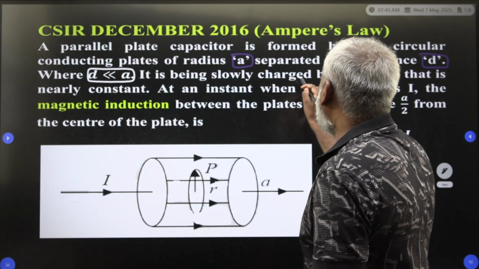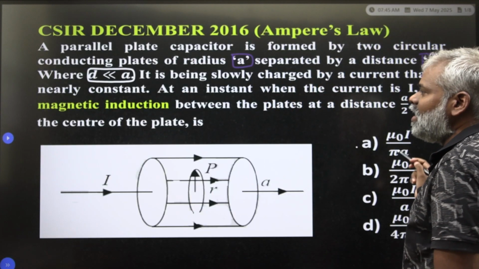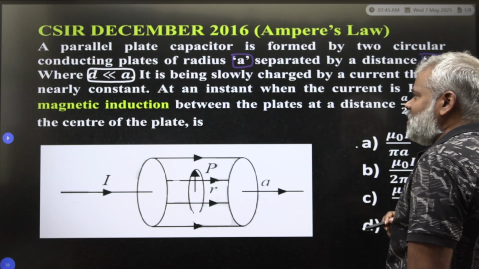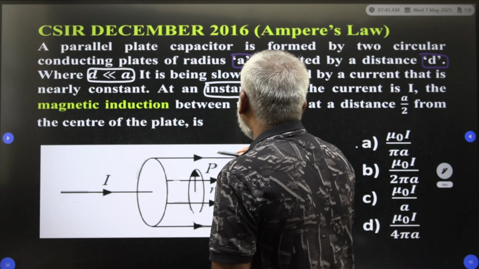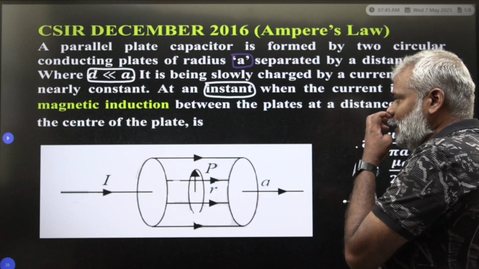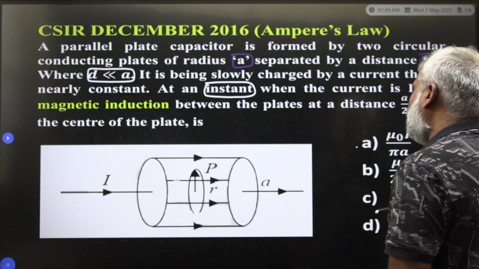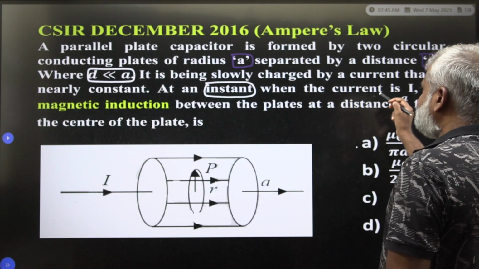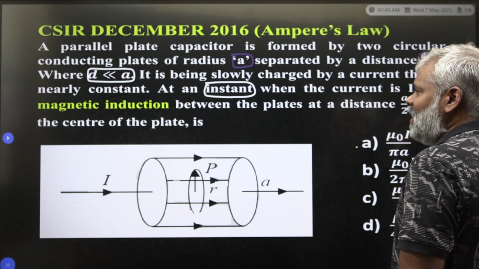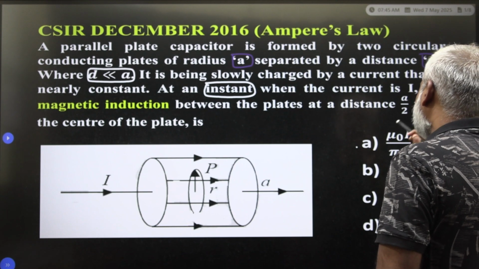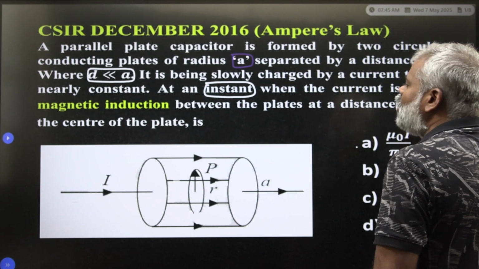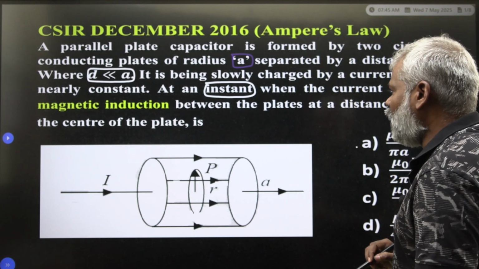It is being slowly charged by a current that is nearly constant. At an instant, you take it as a parallel plate capacitor, a cylindrical plate. When the current is I, find the magnetic induction between the plates at a distance a by 2 from the center of the plate.